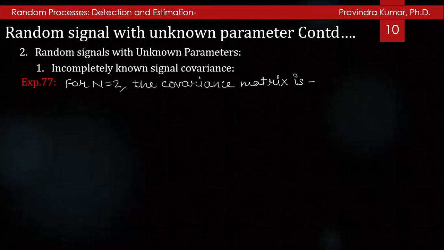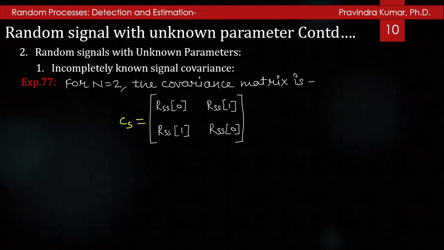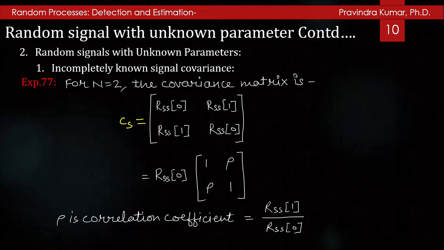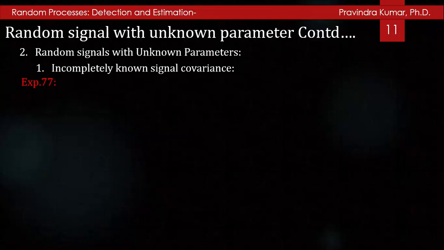And now for N equal to 2, the covariance matrix will be Cs with the elements RSS0, RSS1, RSS1 and RSS0. So I can write it as RSS0 times 1 rho, rho 1. Here rho is the correlation coefficient and it is equal to RSS1 divided by RSS0, and assume it is known.